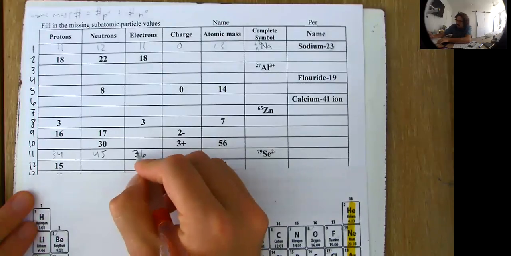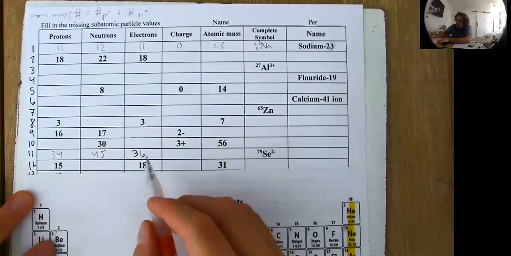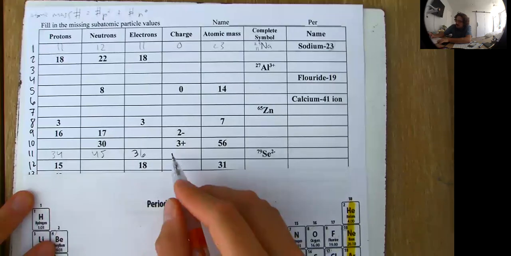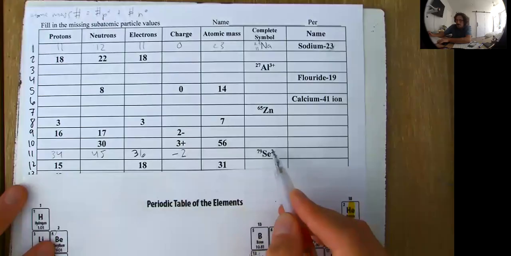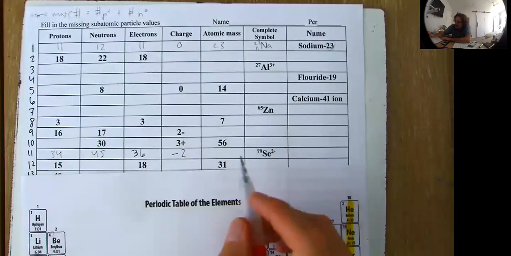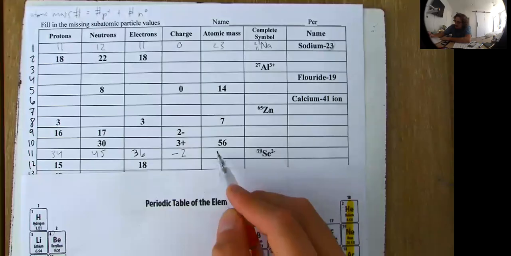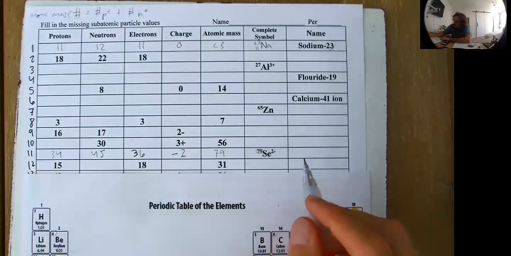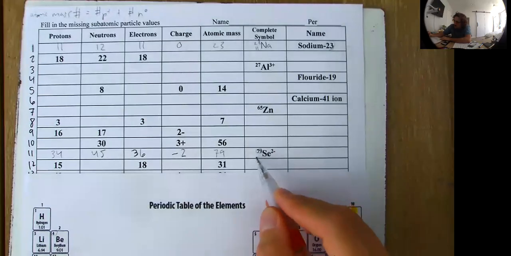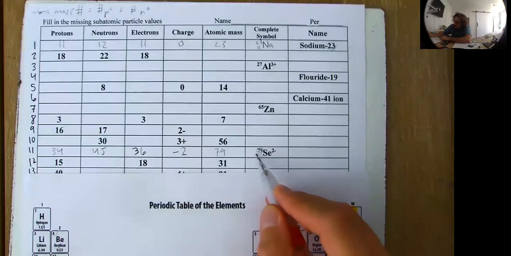That's 36. So what's the charge? 36 electrons and 34 protons. That's a -2 charge. That's also written for us right here in the problem. Okay, the atomic mass is 79 because it's written for us right there. And then the number of protons we need to write to complete the symbol is 34.